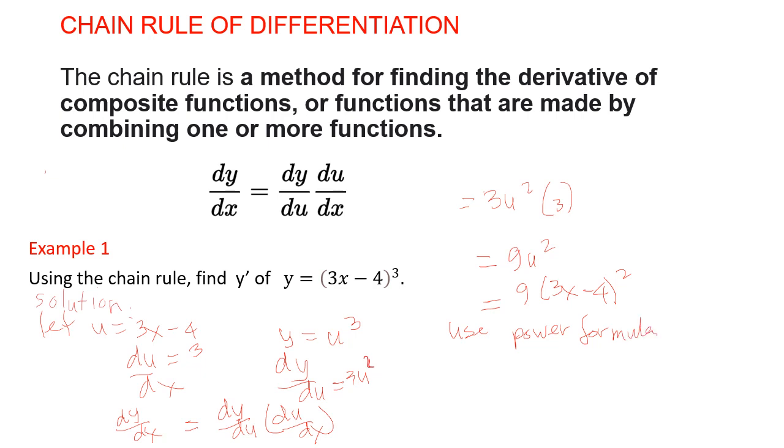So y prime equals 3 times (3x minus 4) squared times 3, or simply equals 9 times (3x minus 4) squared.